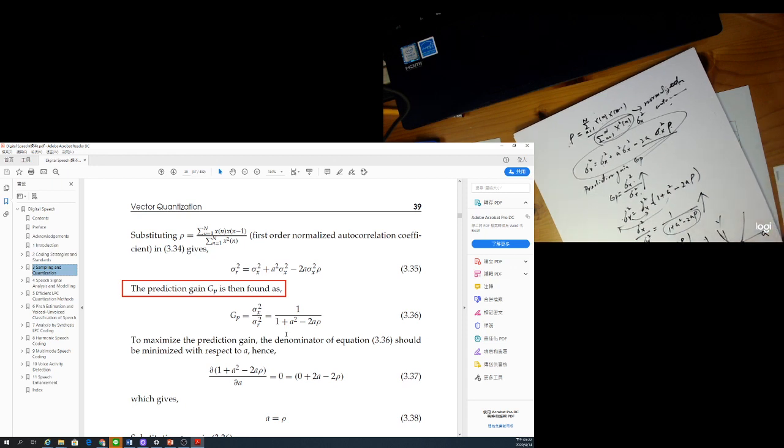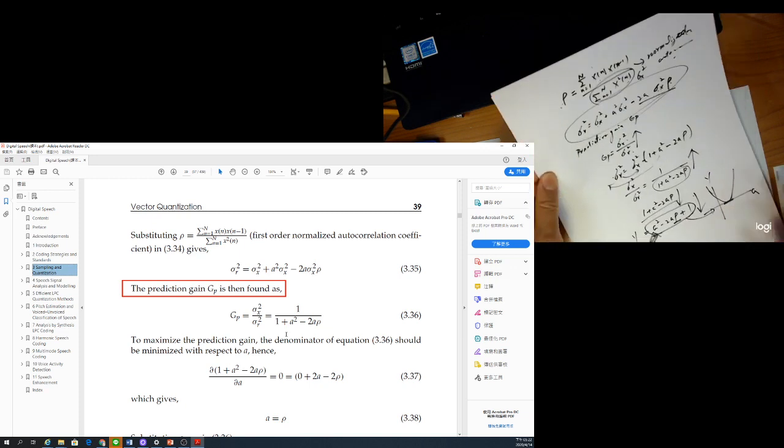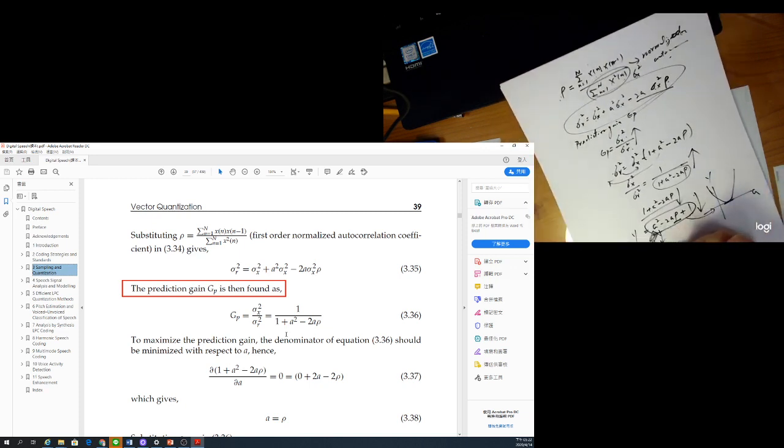Because the variable parameter is a, we take the partial derivative: 2a minus 2 rho r equal to 0.